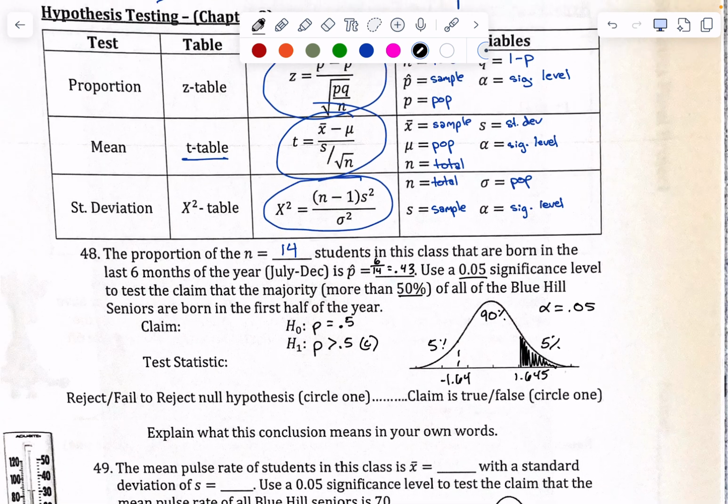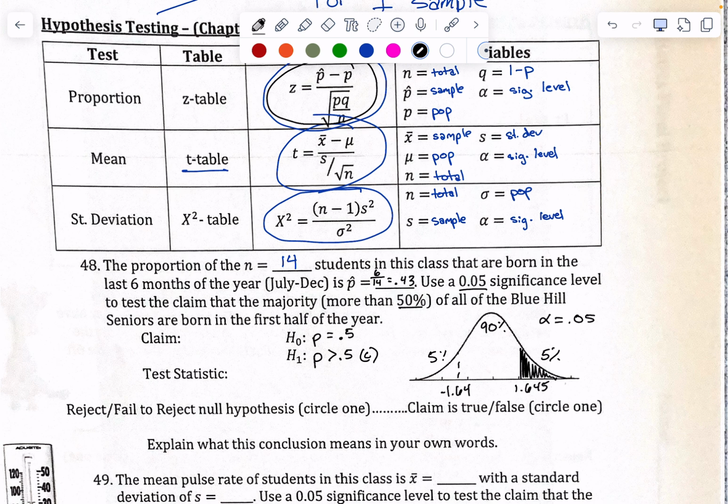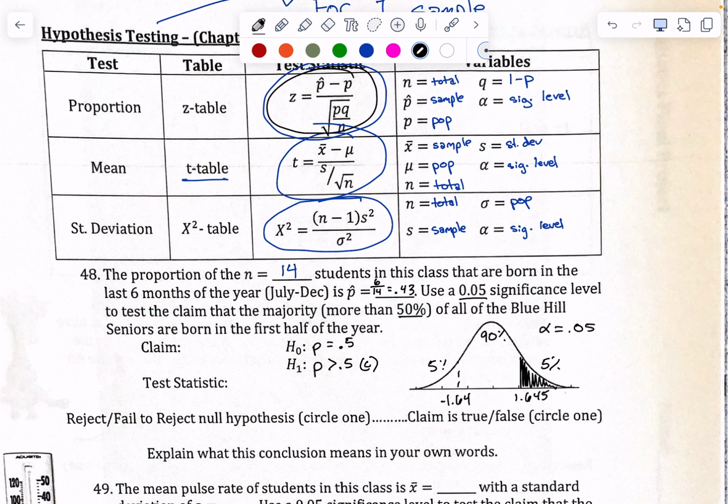Okay, we've got to plug stuff into here. All right, so here's my formula. Z equals. What is P hat? 0.43 minus P, which is 0.5, over the square root of P is 0.5, Q is 0.5, and N is 14.